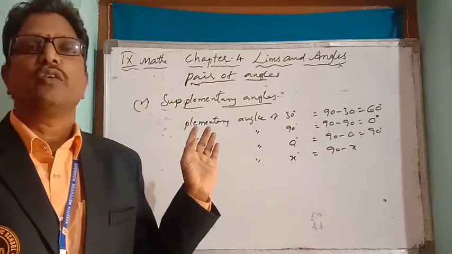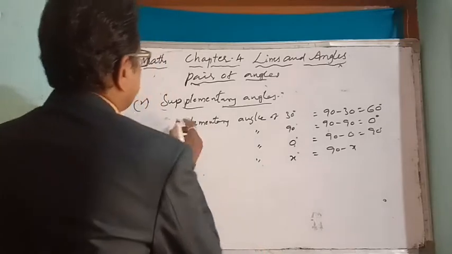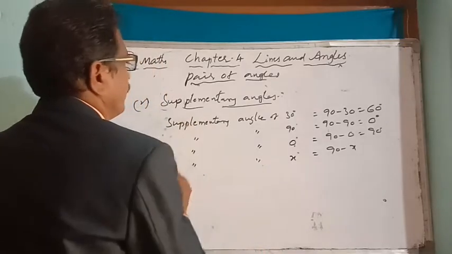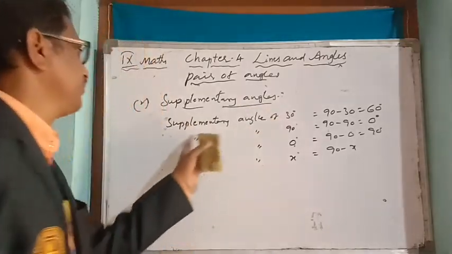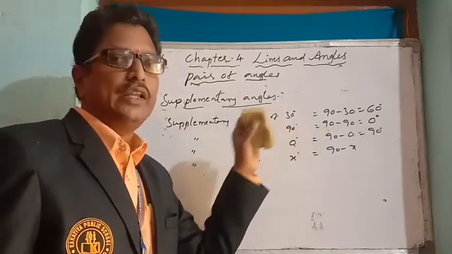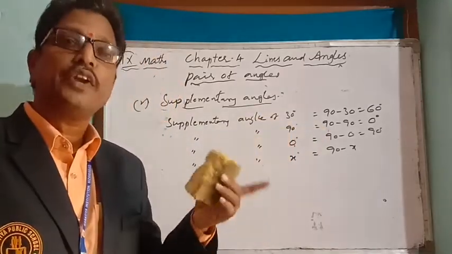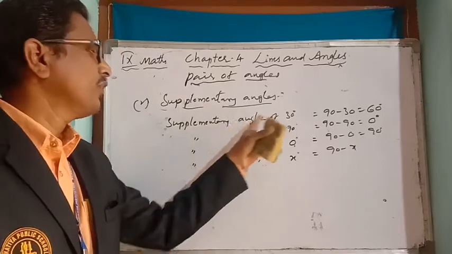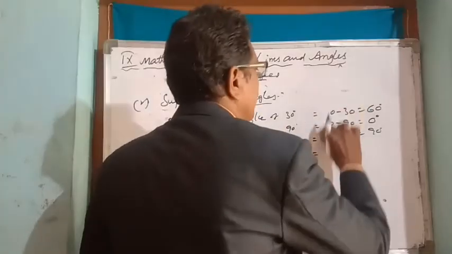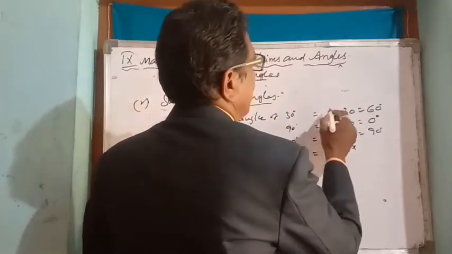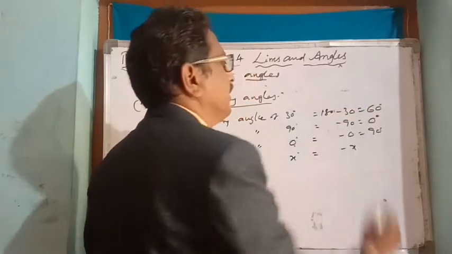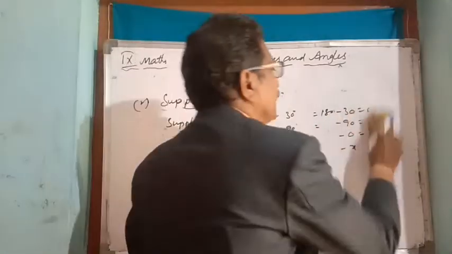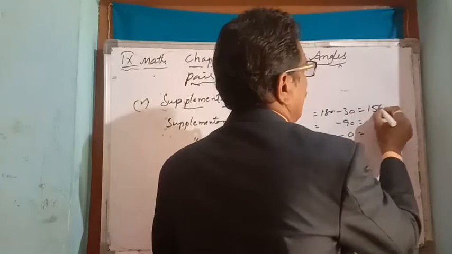The supplementary angle of 30 degrees is 180 minus 30, which equals 150 degrees.